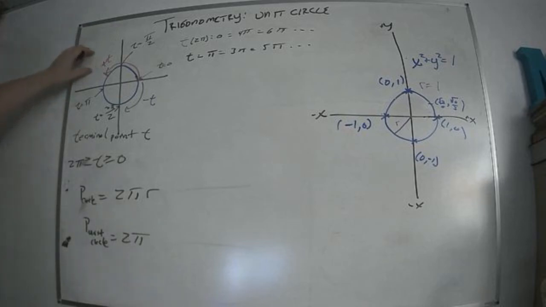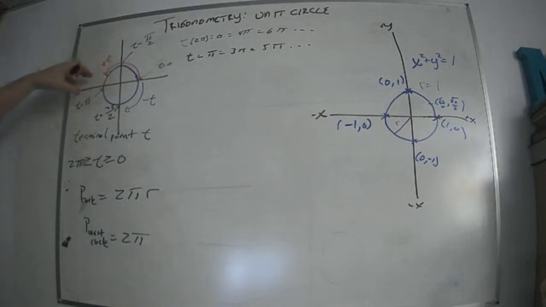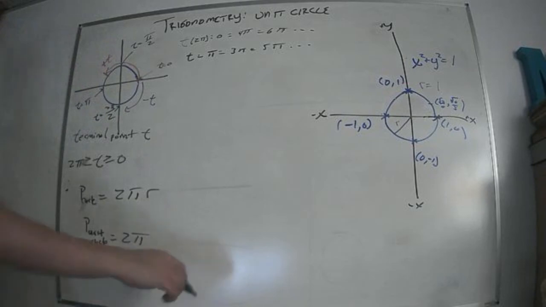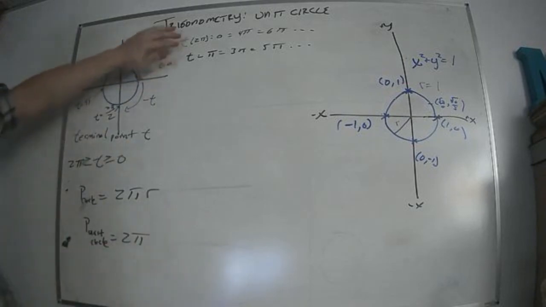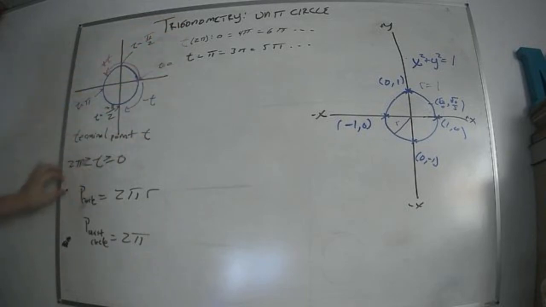You can find a relationship here. If you go around a quarter of the way, and then another way, so if you go around pi over 2 plus 2 pi, you're back here. Think of it as anytime you go 2 pi, that's a full circumference, a full rotation. When you do that, you're returning to that initial point. Basically, you can just subtract out any even multiples of pi, get back down to within 0 and 2 pi, and figure out where you are on the unit circle.